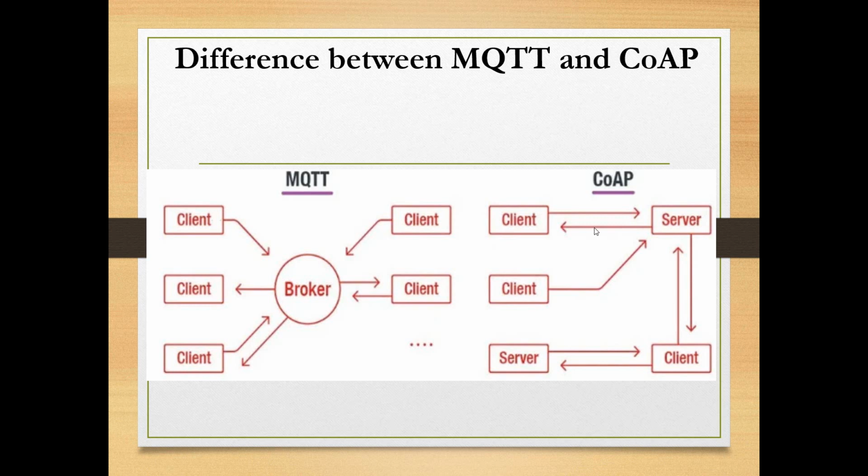The constrained application protocol is a direct communication between the client and the server. There is no intermediate node between the server and the client. The constrained application protocol uses the UDP protocol, but for the MQTT communication, we use the TCP protocol.